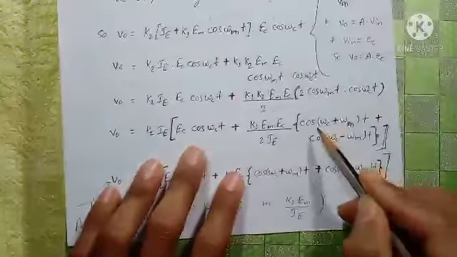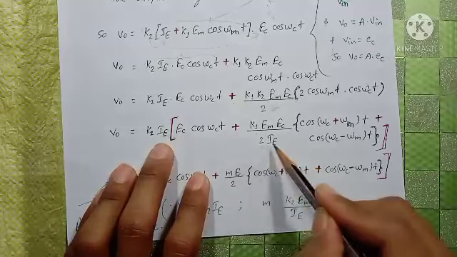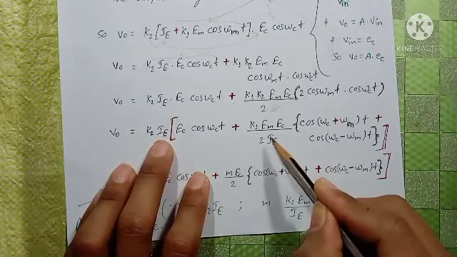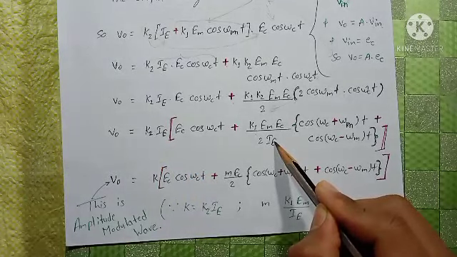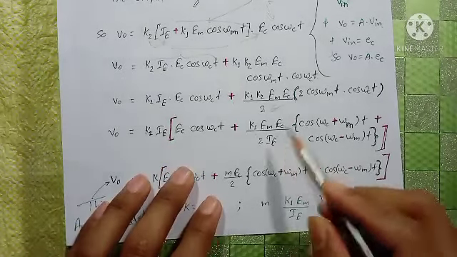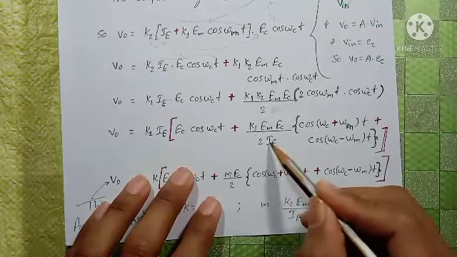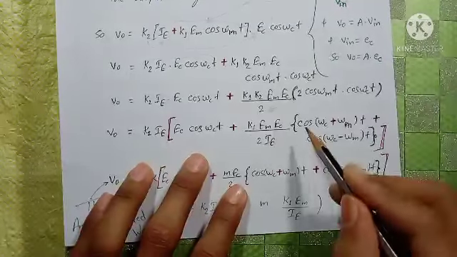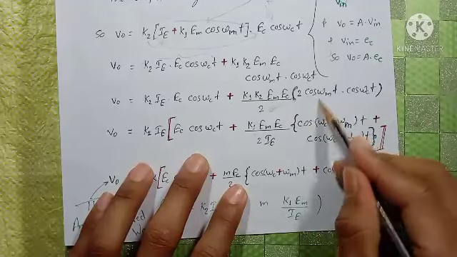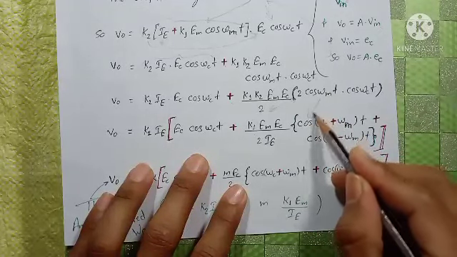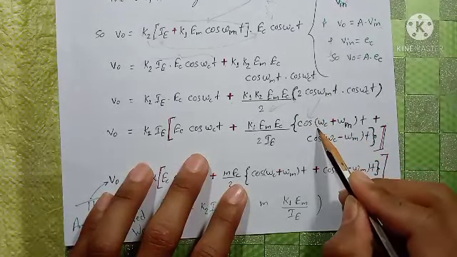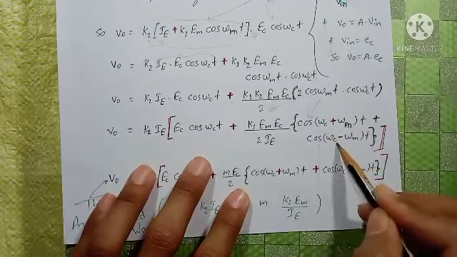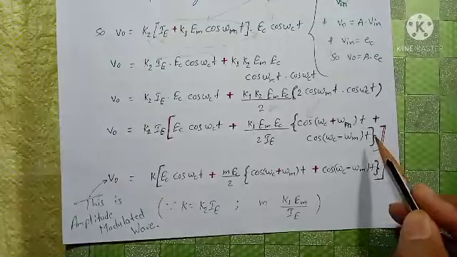In the bracket, because I take out the value of IE, in the denominator I am writing IE. And we get cos(omega c plus omega m)t plus cos(omega c minus omega m)t.